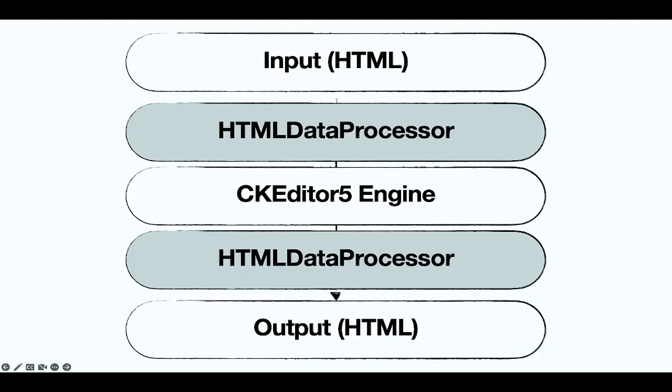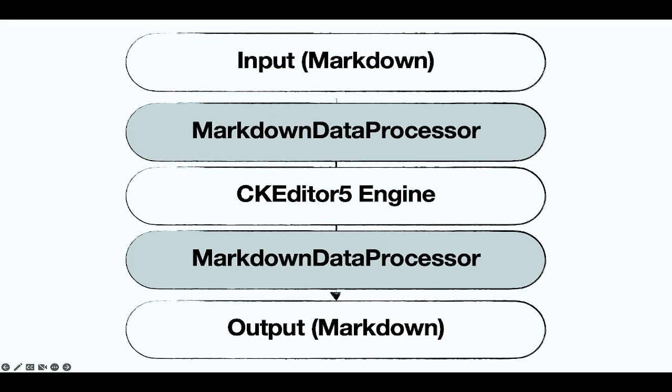Basically, if you input HTML to CKEditor 5, it goes through the HTML data processor to convert it into a model, which is an abstract representation of the data. And the same if you ask CKEditor 5 to return the data, it goes through the data processor to output HTML. So we replaced that HTML data processor with a Markdown data processor.